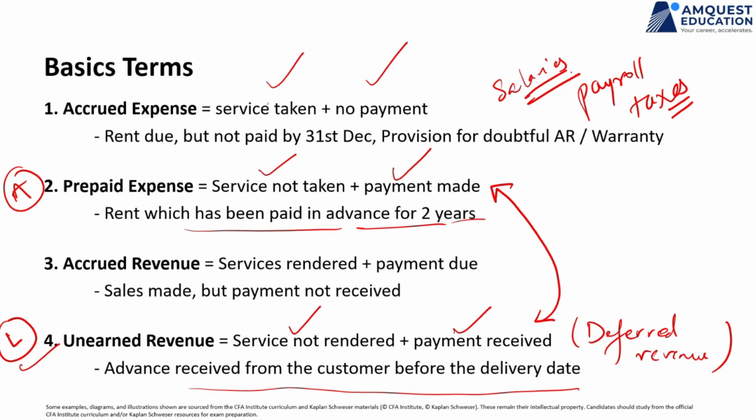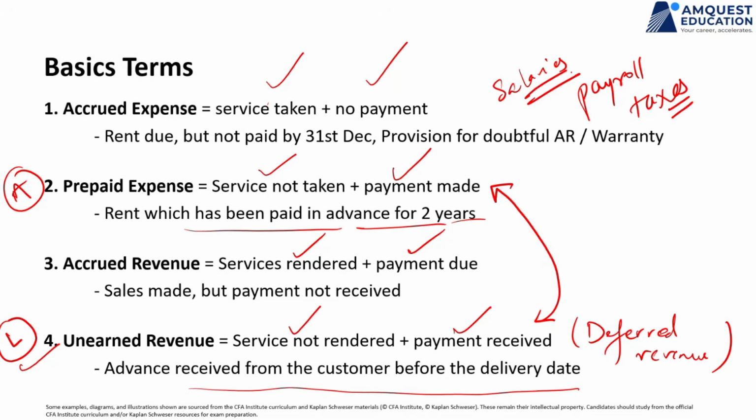And then accrued revenue, where services have been rendered but payment is due. Sales have been made but payment not received. So these are the four terms which are related to each other, and we generally have to record them. Everyone who is going to create accounting statements has to find a way to record them on the appropriate end. And remember, this gradually gets reversed also.